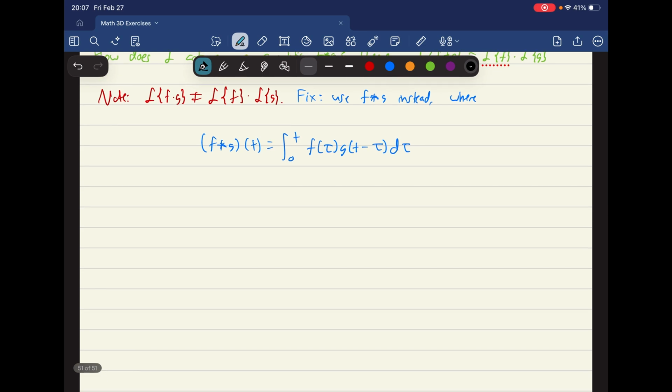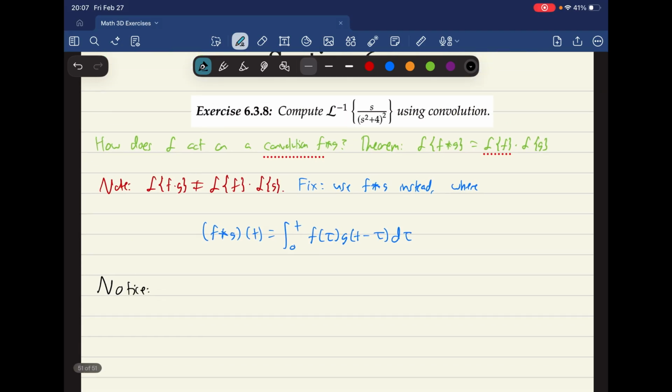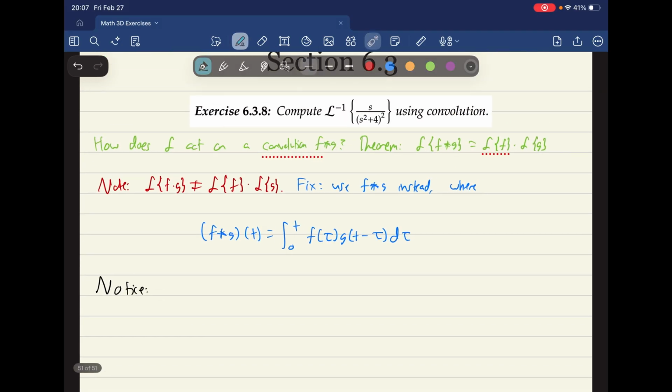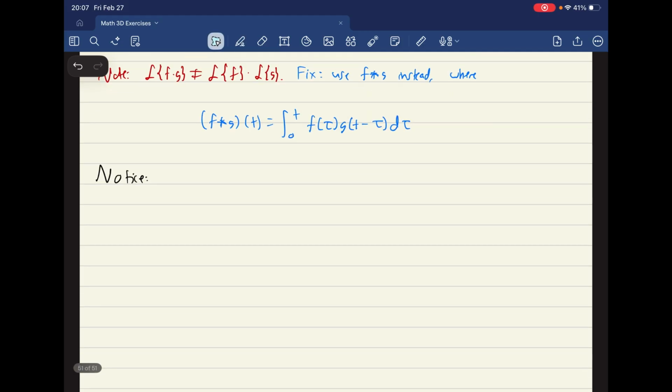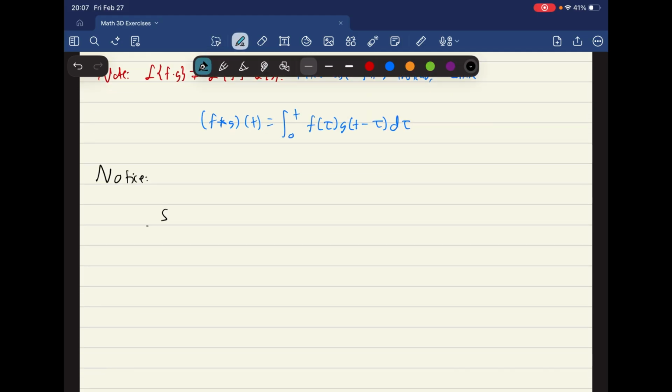How is this going to help us? Well, you might notice that the expression we have inside this inverse Laplace transform, s over s squared plus 4 squared, we can rewrite as s over s squared plus 4 times 1 over s squared plus 4.